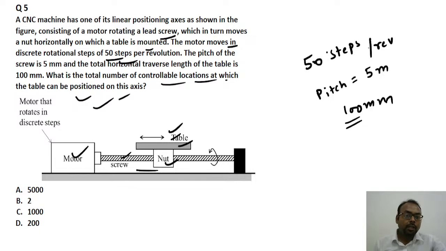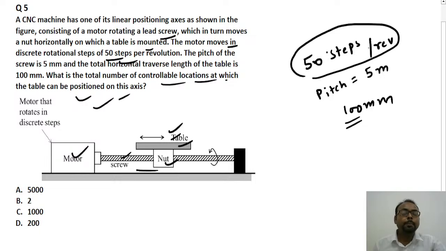So it means in one revolution, this motor takes 50 steps, right? Now the pitch of the screw is given as 5 mm. What is pitch? The total length traveled in one rotation. So in one rotation, whatever distance we cover is called the pitch.